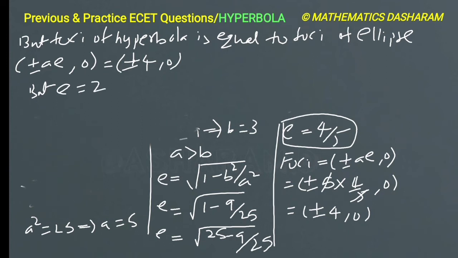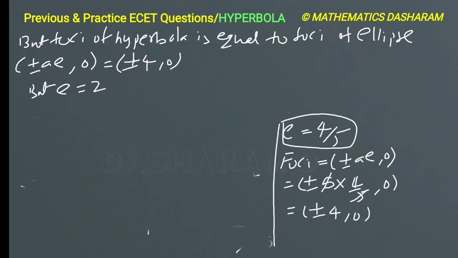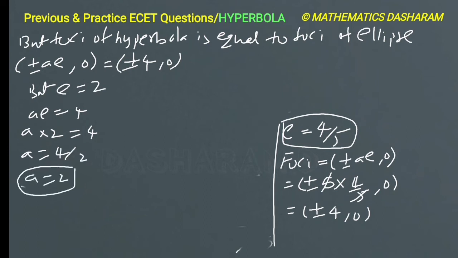So then ae equals 4, a into 2 equals 4, a equals 4 by 2, a equals 2. Next we need the b value. To find the b value, I am using the eccentricity formula of the hyperbola: e square equals 1 plus b square divided by a square.